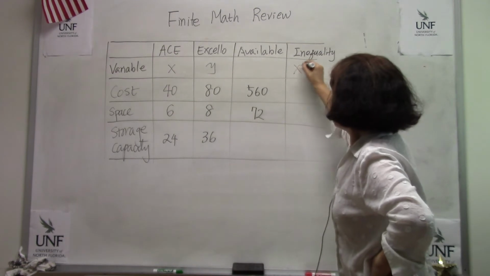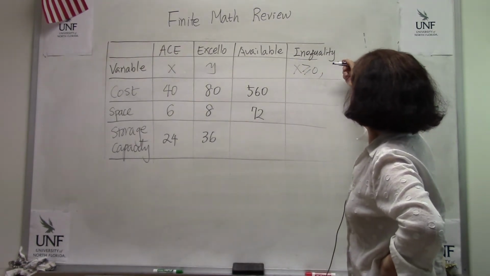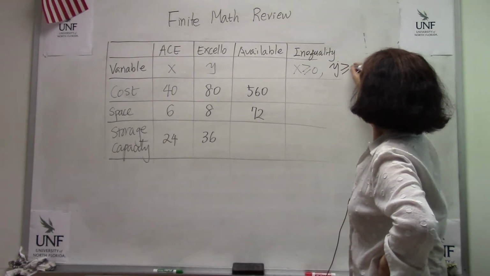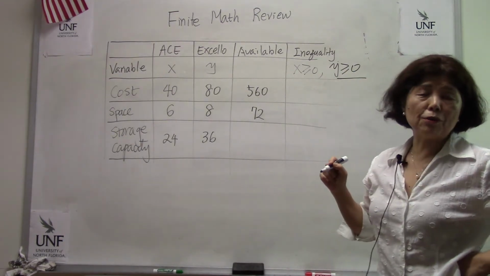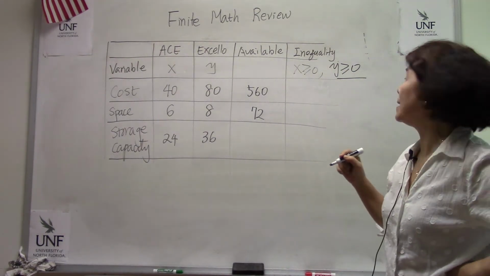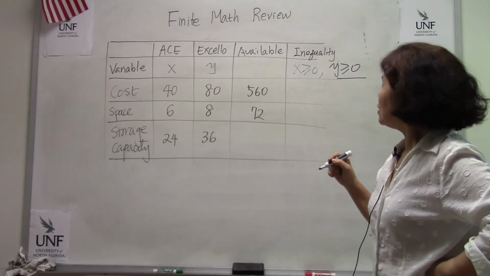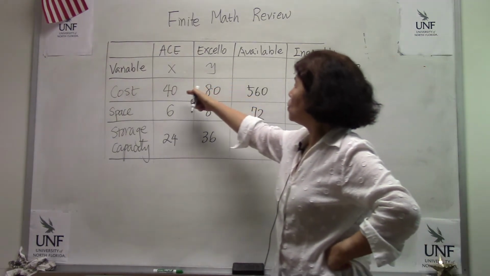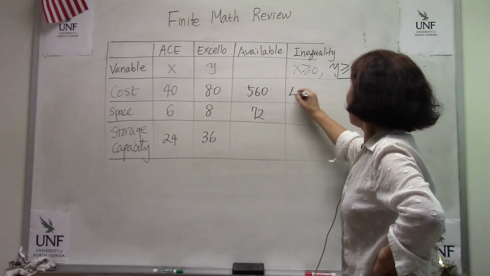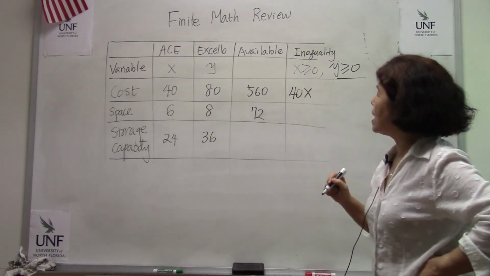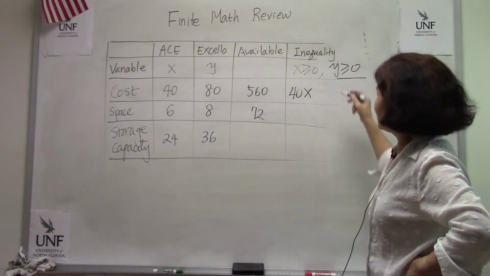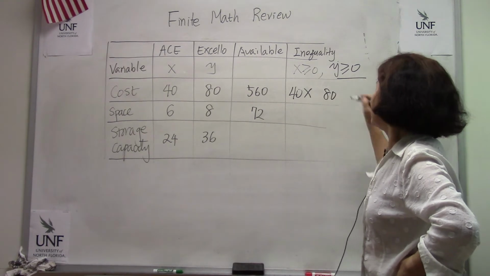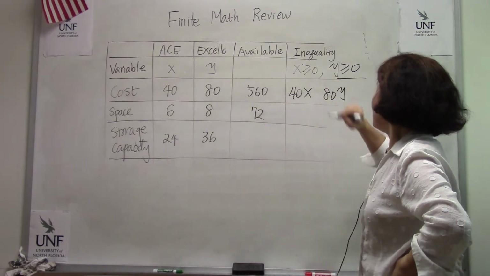However, x is greater than or equal to 0 and y is greater than or equal to 0. You cannot buy -1 cabinet, correct? In terms of cost, you are going to buy x number of them, so 40x for the ACE type, and the XLO type is $80 each, and you buy y of them.